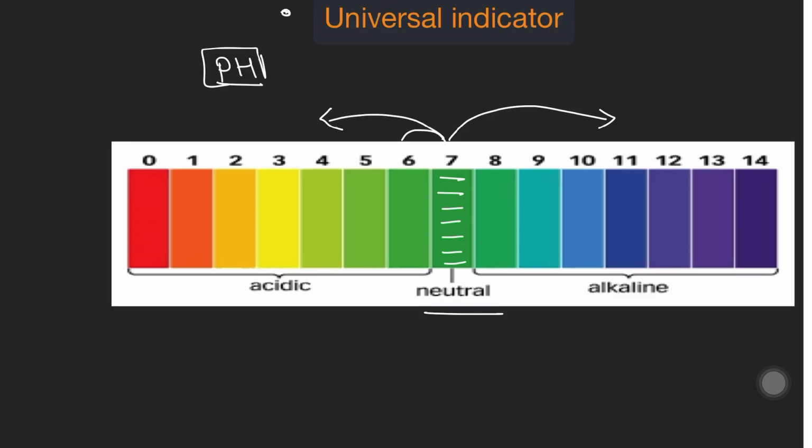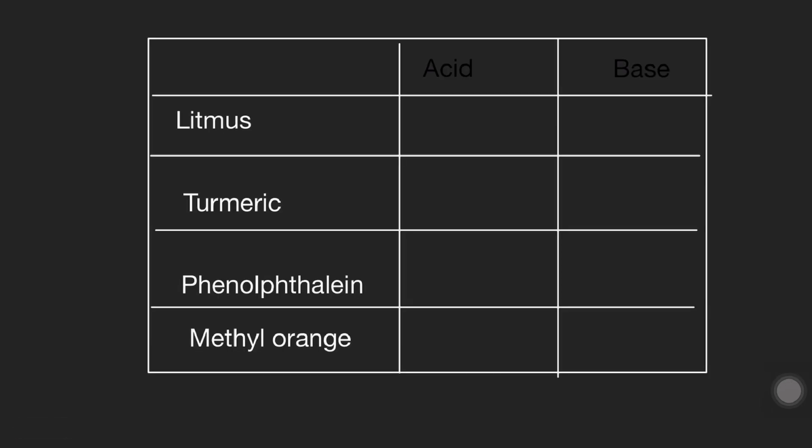As we move to lower numbers, it represents acidic content, and the acidic content is increasing. For example, if I ask which has greater acidic content, 6 or 4, according to the pH levels, number 4 will have more acidic content. Similarly, as the number increases, it shows more basic content.